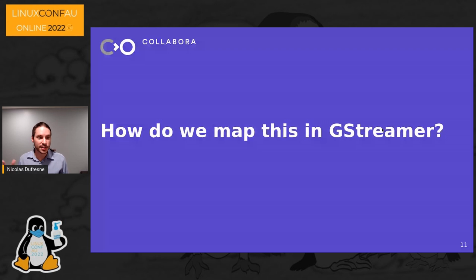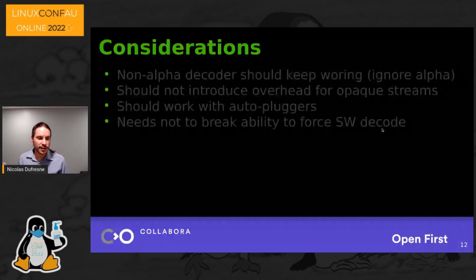So we're a bit in a catch-up mode in the GStreamer world in this regard, because we didn't have any use case so far. That being said, there was prior art, so we'll see later that there was already some work done. We also had to know what we needed to consider before we started. One of the things I noticed is that the non-alpha decoders, the existing VP8 and VP9 decoders, would work just fine, ignoring alpha with a black background.